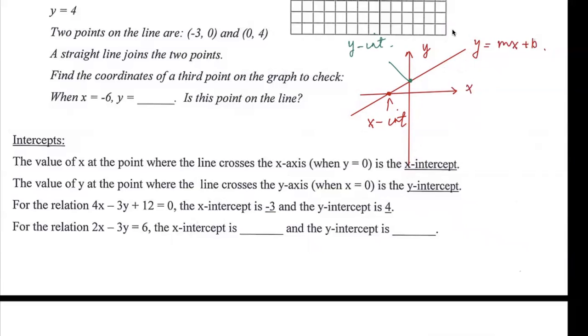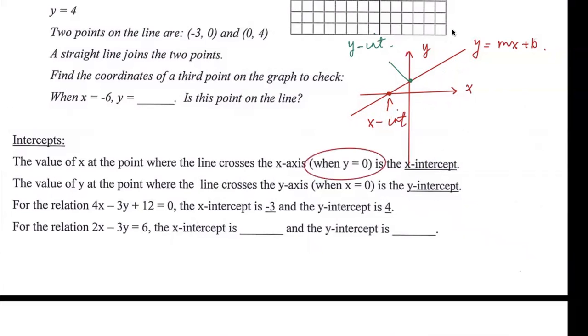Okay, and we should note that for the x-intercept, on this point, the straight line and the x-axis intersect. There's no height, there's no y value. So for the x-intercept, y is equal to 0.